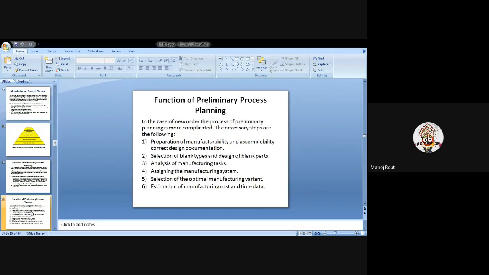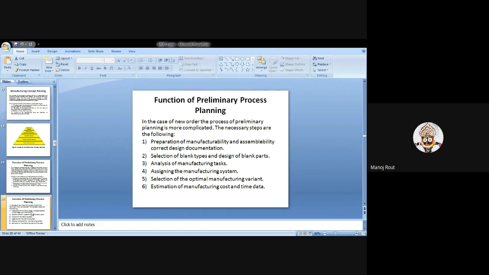In case of a new order, preliminary process planning is more complicated because you have to customize your capacity requirement. So these necessary steps are followed for a new order in preliminary planning. The first one is preparation of manufacturability and assemblability correct design documentation.